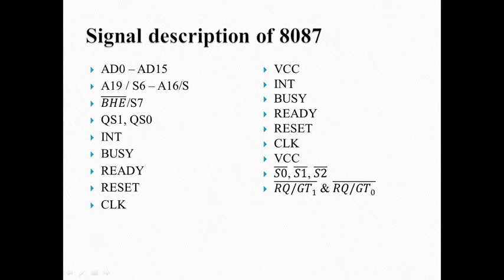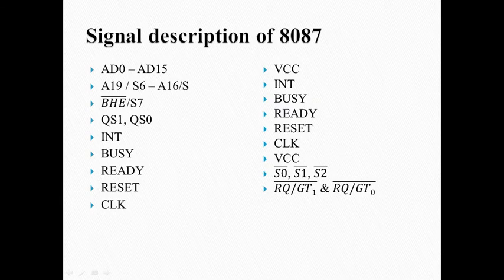QS1 and QS0. These are the queue status input signals which provide the status of the instruction queue. INT is an interrupt signal which goes high when an unmasked exception has been received during execution. Next, busy. It is an output signal which is high to indicate a busy state of the CPU.